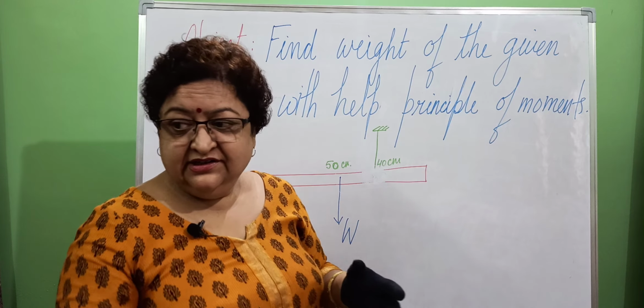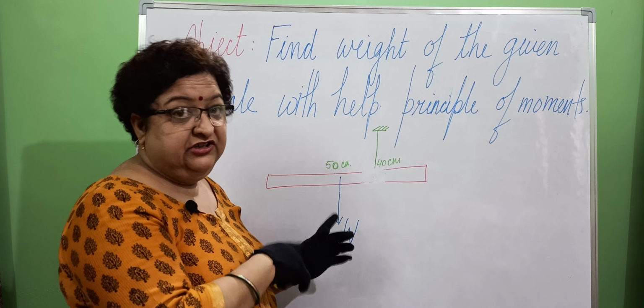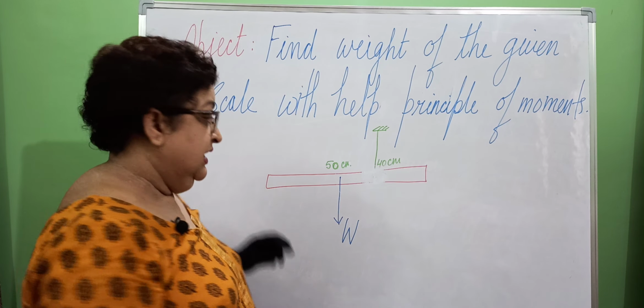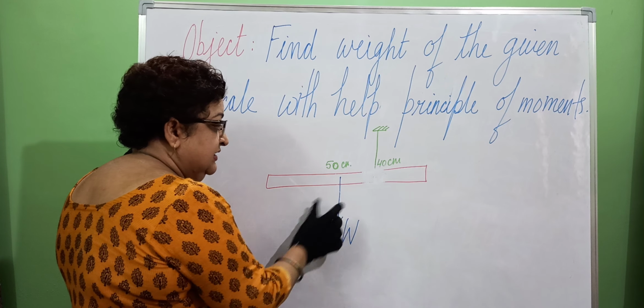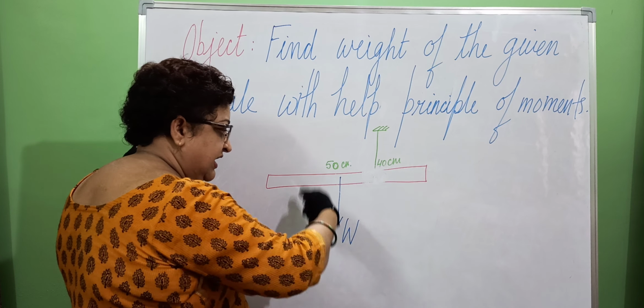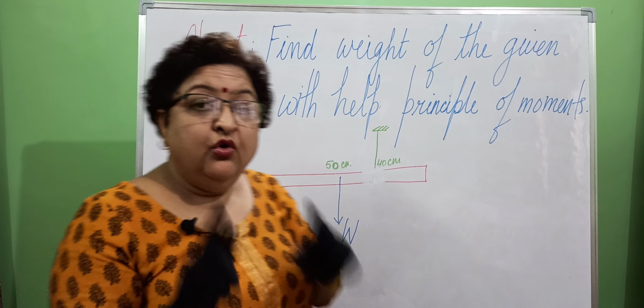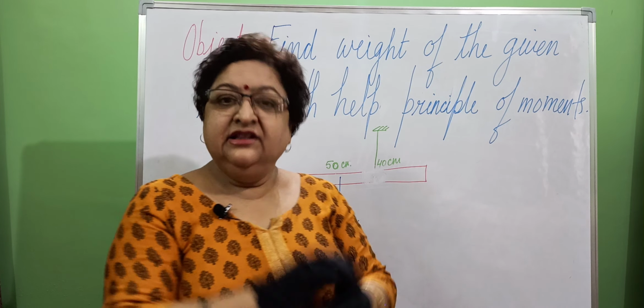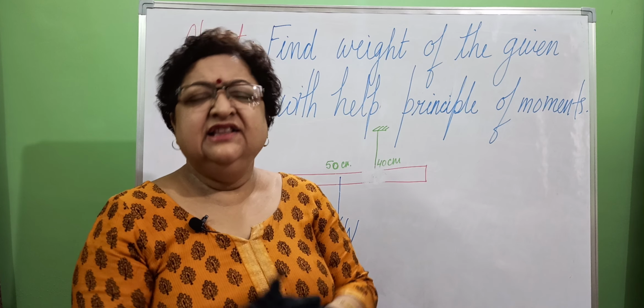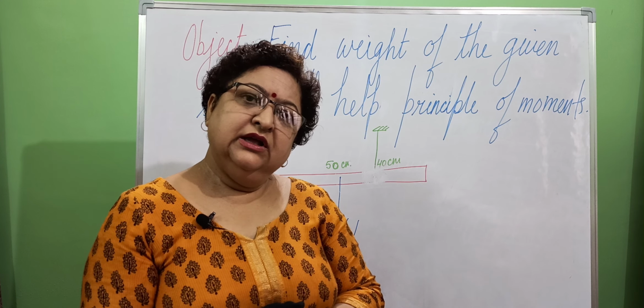So now let me make you clear with the diagram. This force is trying to rotate the scale anti-clockwise, and if you want to balance the scale in this situation also, then what are you supposed to do?